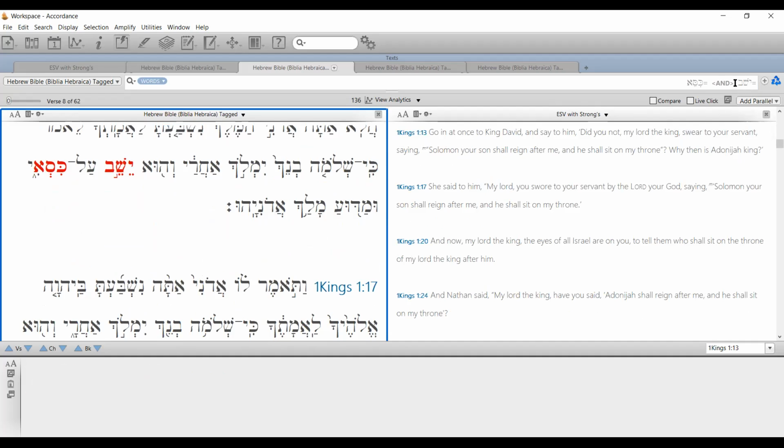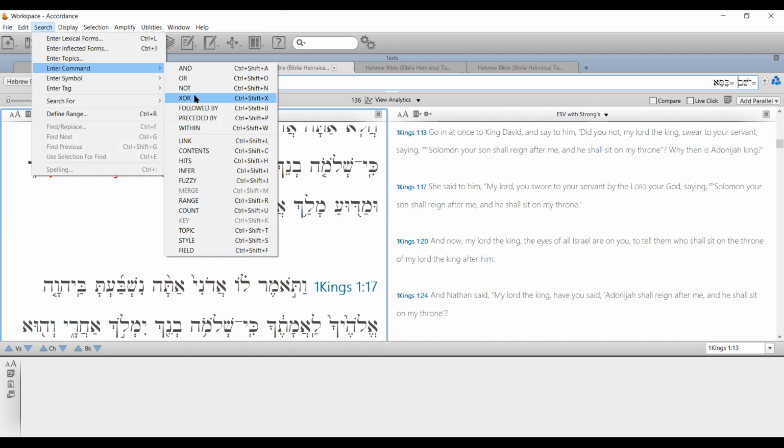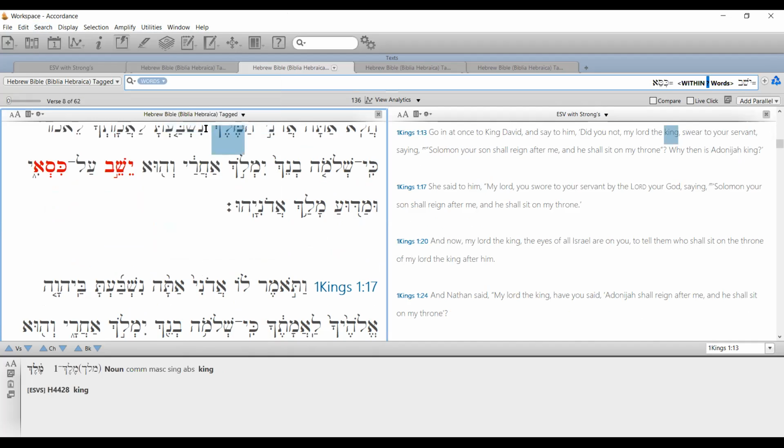But I can use another command, not AND, but the command WITHIN. It means that I can indicate how many words could be between these two.